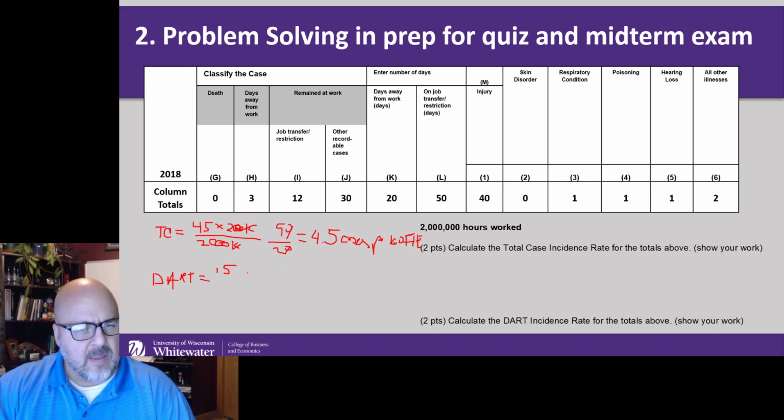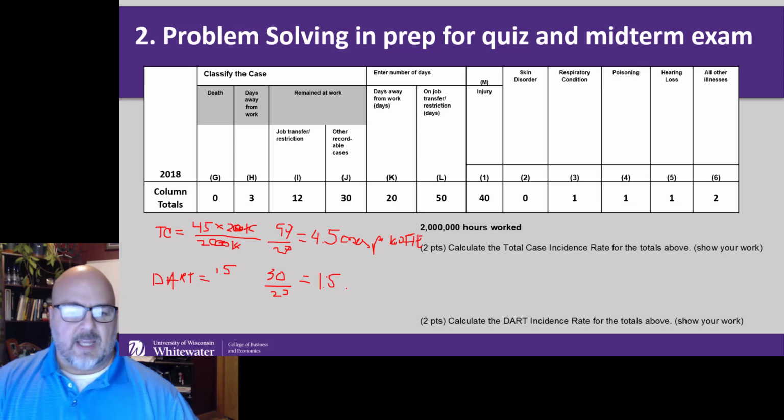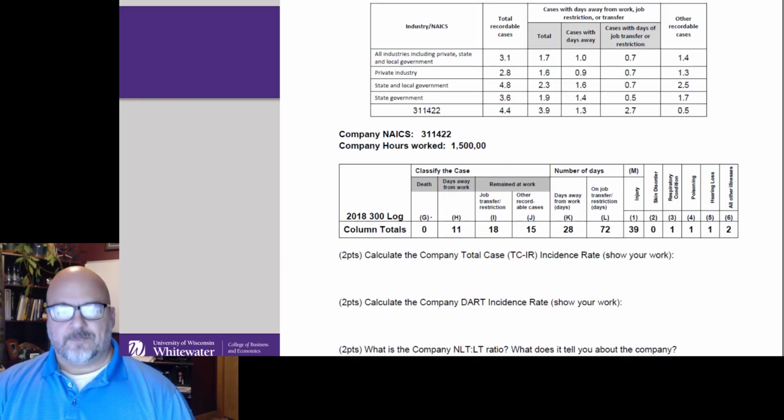If you got rid of the zeros, it would be 15 times 2, which is 30, divided by 20, which is 1.5. So it's 1.5 DART cases, days away restricted transfer cases, per 100 FTE. All right, let's go to the next one.